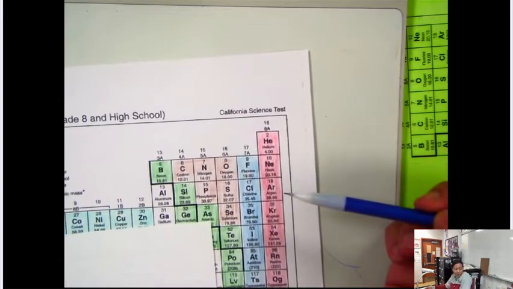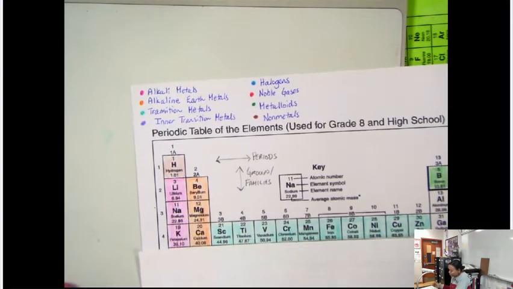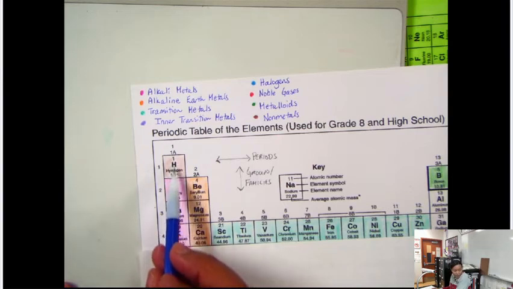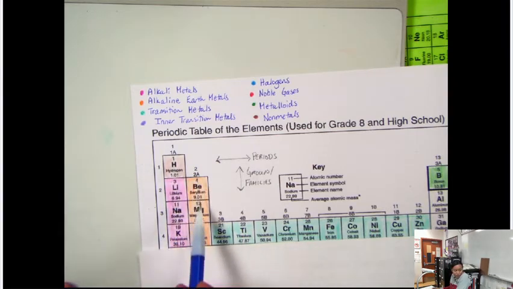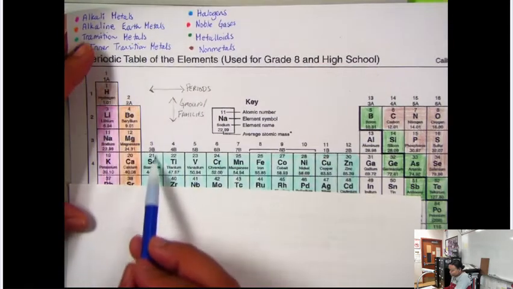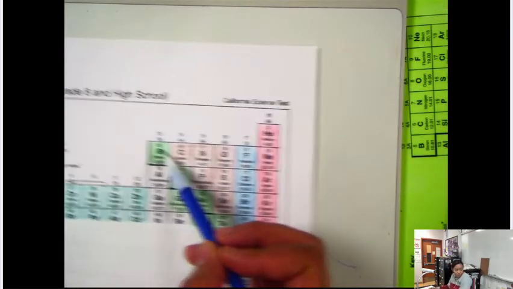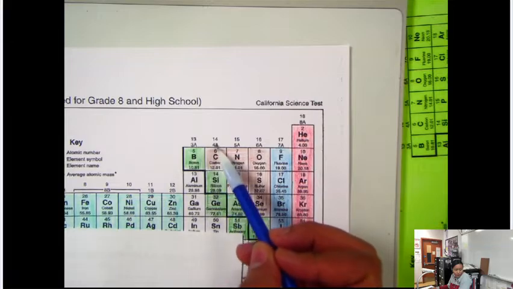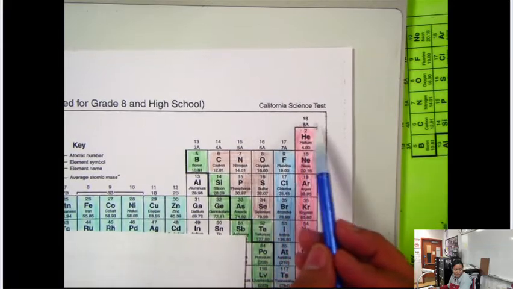But you also have the numbers that have letters on them, like 1A, 2A, 3B, all the way over to 3A, 4A working down, and then all the way to 8A.